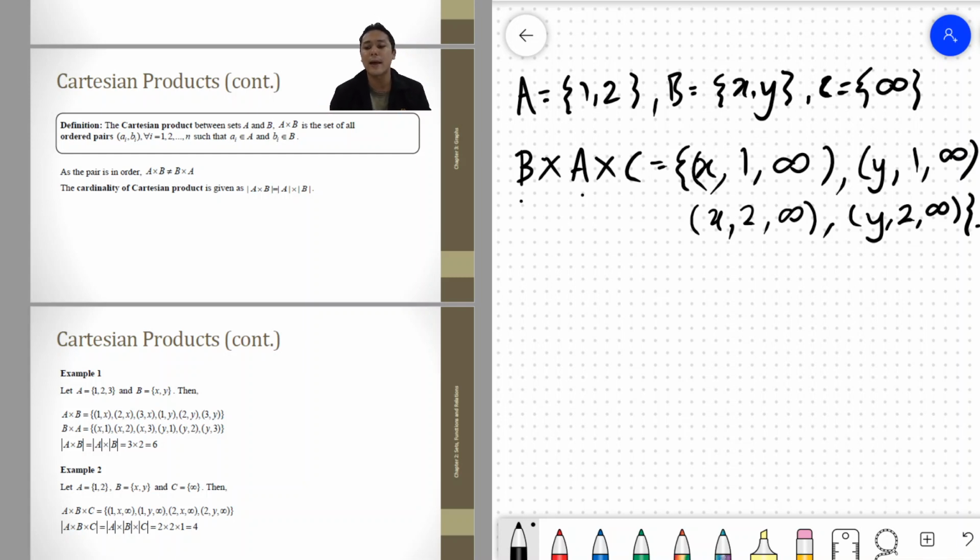I still should have 4 ordered triplets because the cardinality of B is 2, times the cardinality of A is 2, times the cardinality of C is 1. So 2 times 2 times 1, it is still 4 ordered triplets.